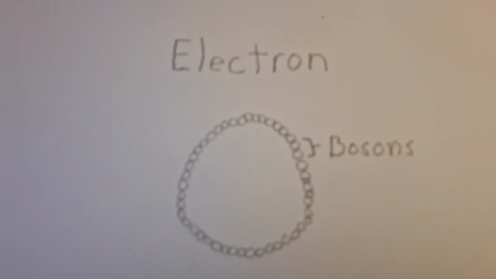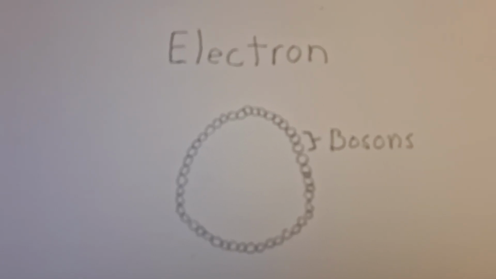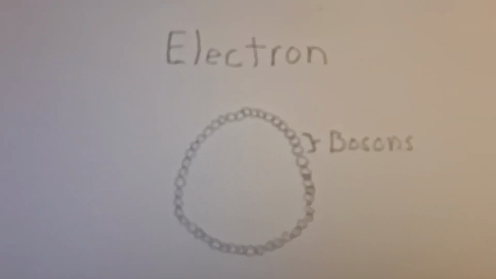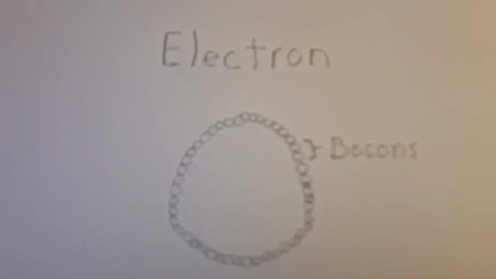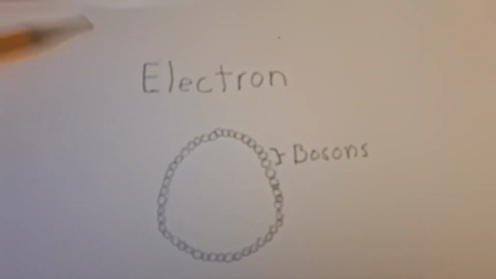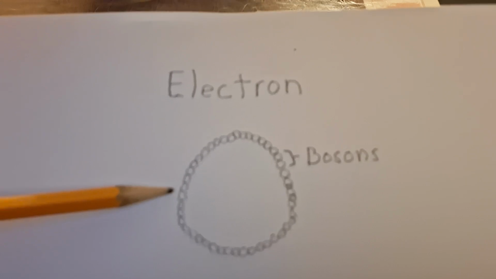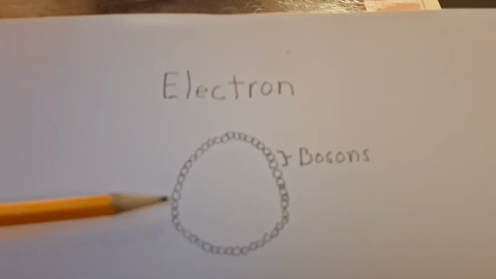This is the electron. What's marked bosons are fundamental strings that spin. These fundamental strings that spin bond together and create the electron. Each string is the fundamental string of string theory.